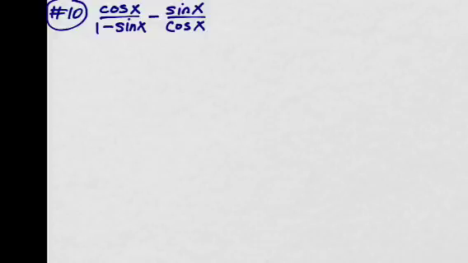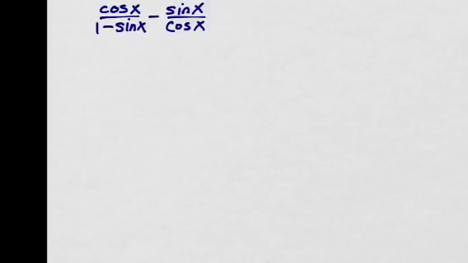Okay, so for number 10, cosine x over 1 minus sine x over cosine x. So we've got two fractions we're subtracting, and here we have to remember that in order to add or subtract fractions, we have to get the denominators the same, and the way that we're going to do that is by multiplying them by the opposite denominator.